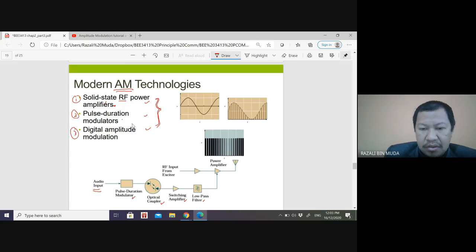Okay, so you have the transmitter. The topology is slightly different compared to the previous transmitter block diagram. This is the modern technology where it uses these three modern components: solid state power amplifier, pulse duration modulator, and digital amplitude modulation.